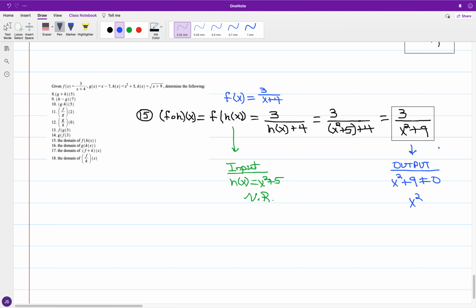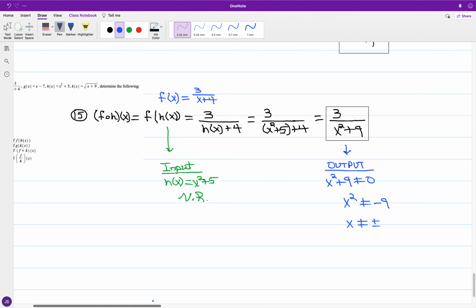However, with the sum of squares, if I isolate the x squared, I have that x squared cannot be equal to negative 9, and if I take the square root property of equality that we have with the not equal, separating the positive and negative square root terms, we have that x cannot be equal to plus or minus the square root of negative 9. So I have that x cannot be plus or minus 3i.